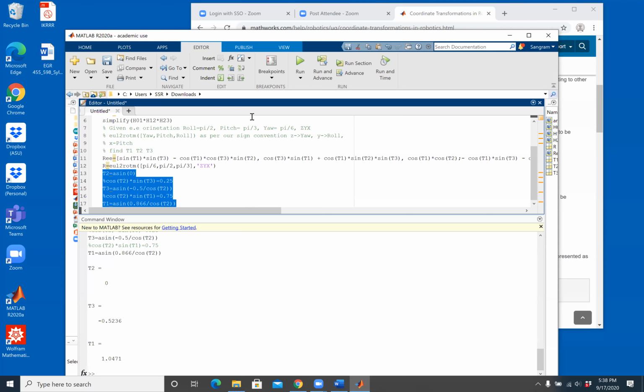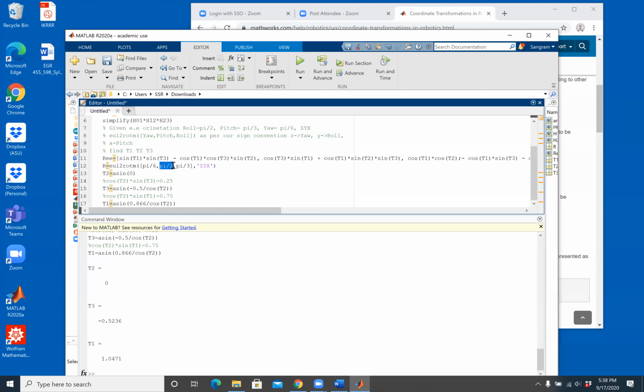So the way we are going to specify is ZYX, where with our convention, the rotation yaw is about Z. The angular rotation about Y is called roll, and angular rotation about X is called pitch. So in Euler to rotate, the first element has to be the rotation about Z, which is yaw.